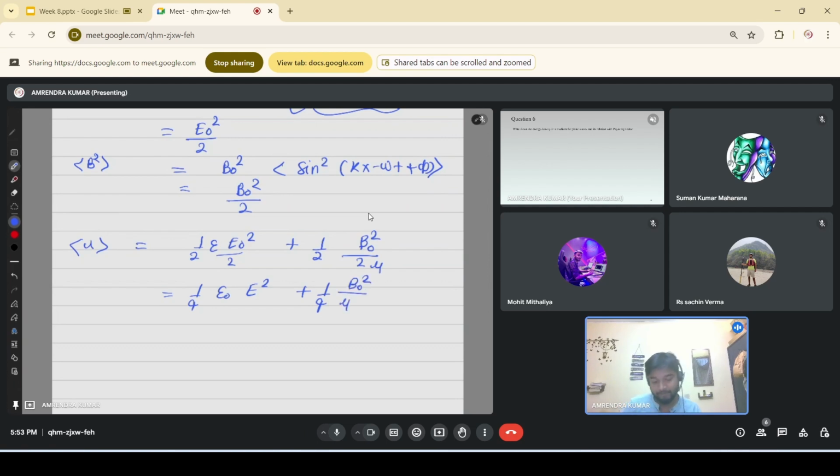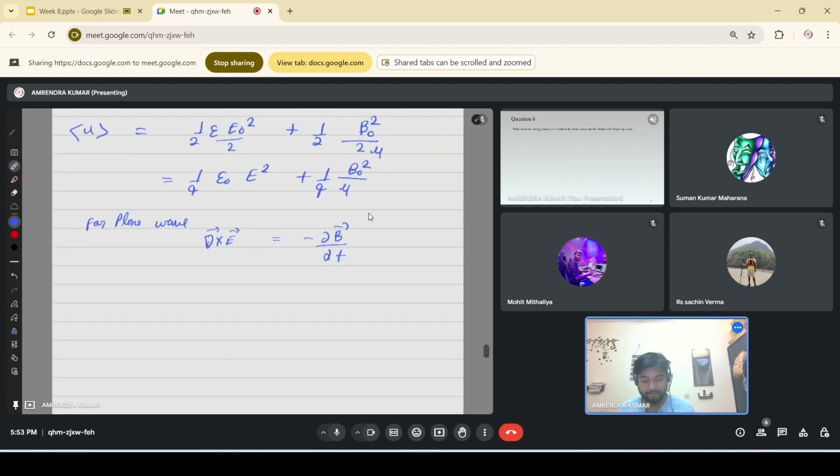Now what we know is that for a plane wave, we have del cross E equal to minus del B by del t. That means there is a relation between the electric field and the magnetic field.